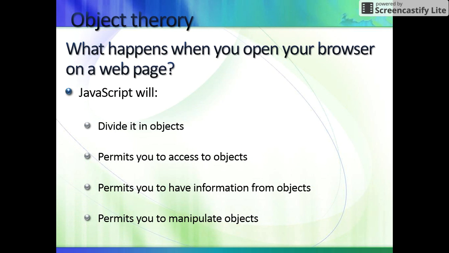When using JavaScript, there is an important theory to know. It's about objects. What happens when you open your browser on a web page? JavaScript will divide it into objects. It will permit you to access these objects in order to get information from the objects and manipulate them.